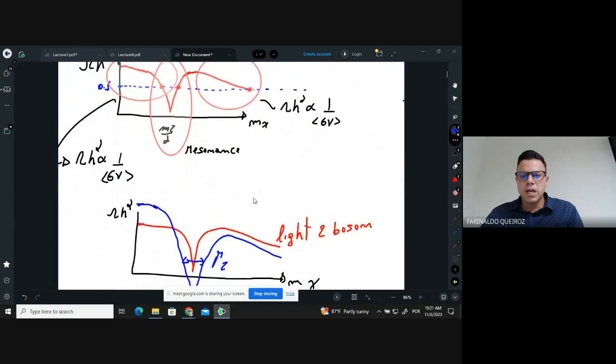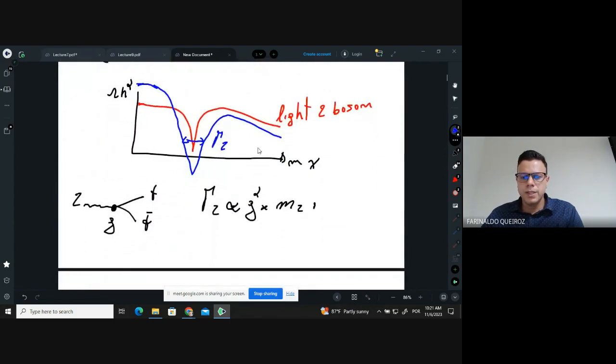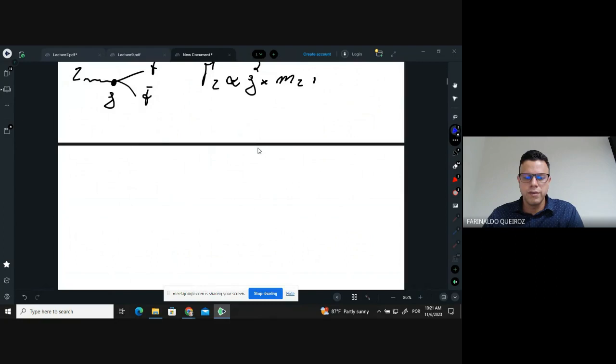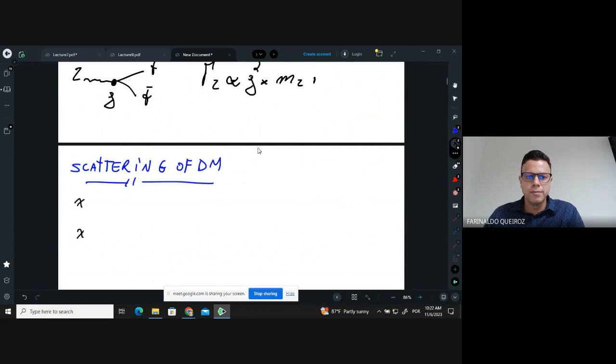So let's discuss now the scattering of dark matter. I had this diagram.